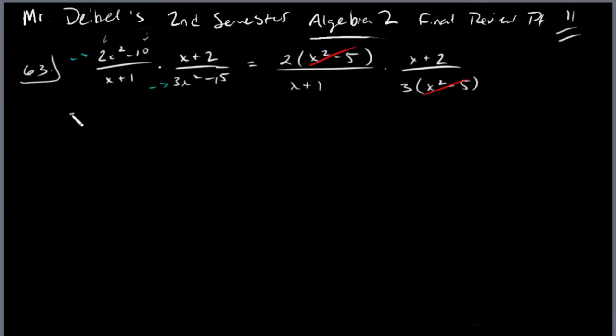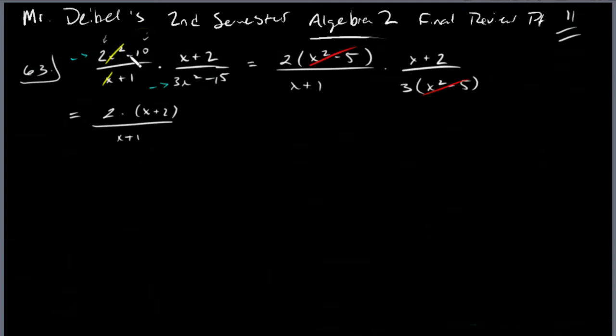Now, one huge mistake I see students make all the time is they think that because they just see an individual term that's the same on the top and bottom, they can just cancel them out. They think that you can just cancel an x out of here and just leave it with x up here.